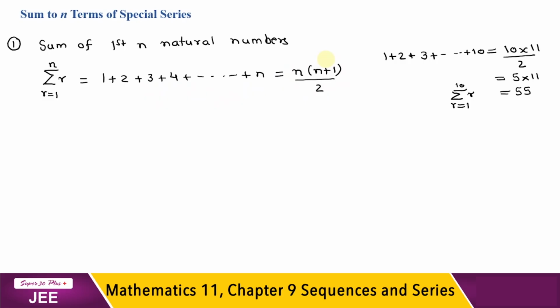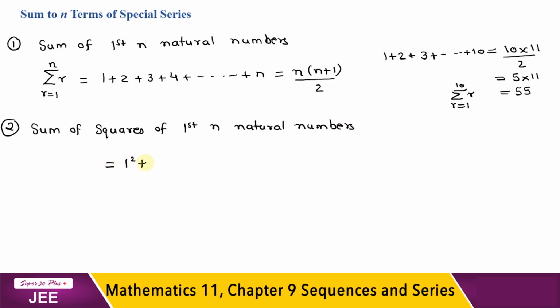The second special series is the sum of squares of first n natural numbers. Now we are required to find the sum of squares, that is 1 square plus 2 square plus 3 square, and this goes on till n square.